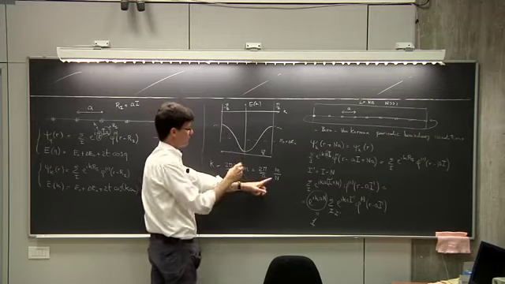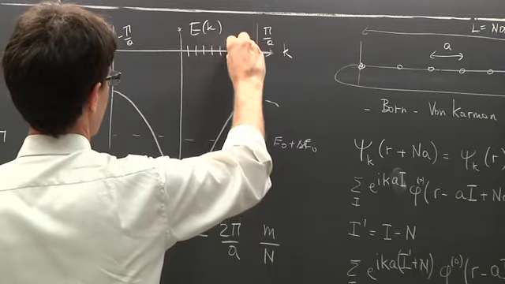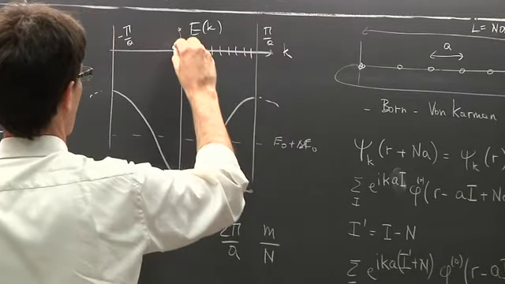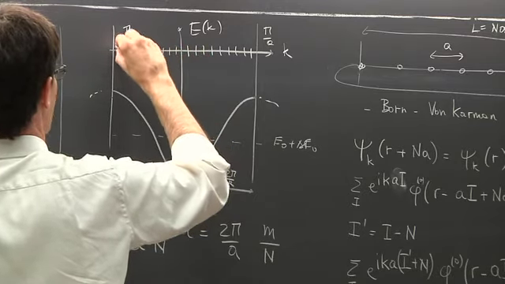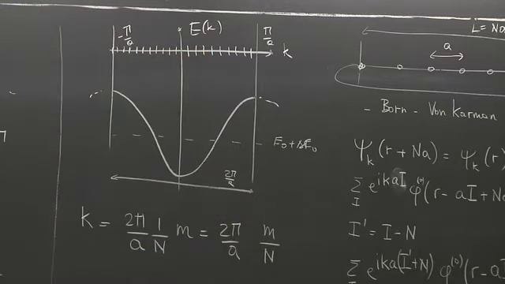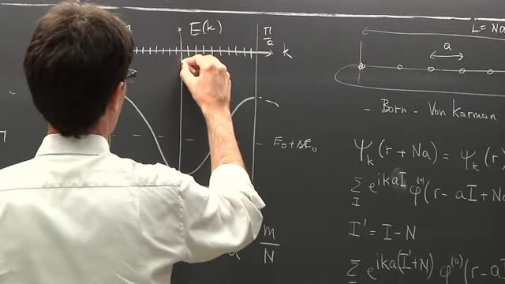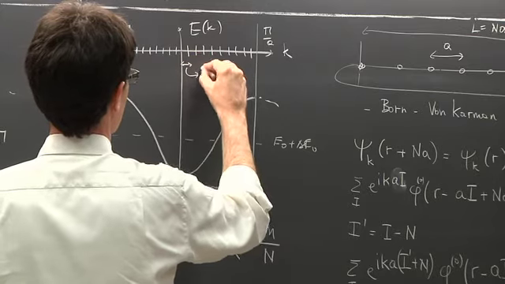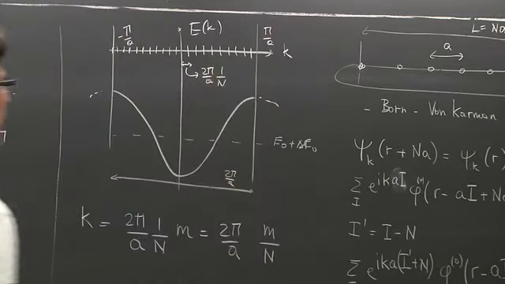What I'm doing here, if N is large, is slicing this object in very small slices like that, and accepting only specific values of k. The width of this is 2 pi over a times 1 over N.